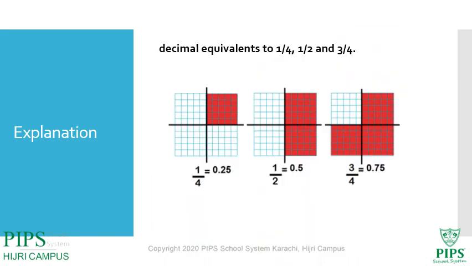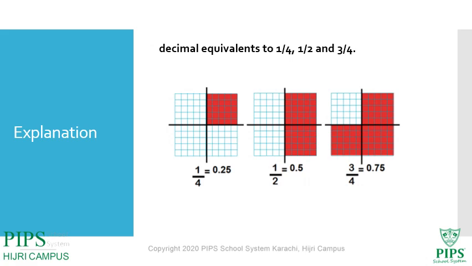Here we have divided this pictorial chart representation of the 100 chart into 4 parts. When we take 3 parts of these 4 parts, we call it 3 by 4, and in decimal it is written as 0.75. If we divide these 4 parts into 2 parts, then it will be half, and it will be written as 0.5 in decimal.